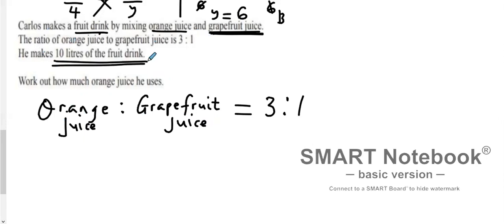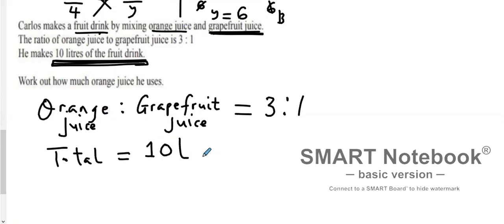Remember, this fruit drink is made by mixing two types of juice, orange juice and grapefruit juice. When you put orange juice together with grapefruit juice, you will be getting a total of 10 liters, where L stands for liters.